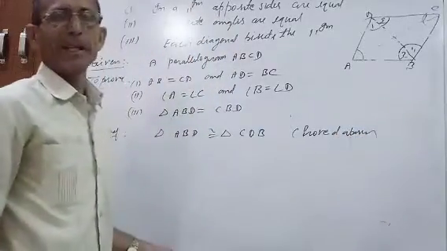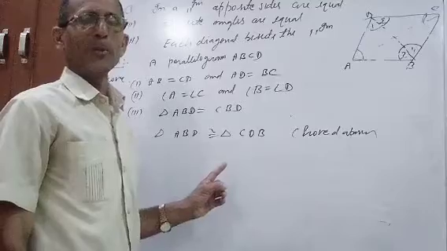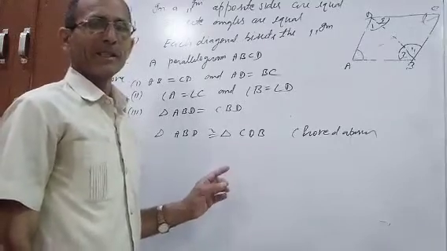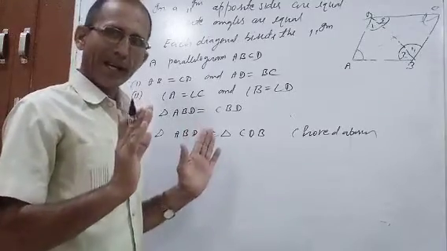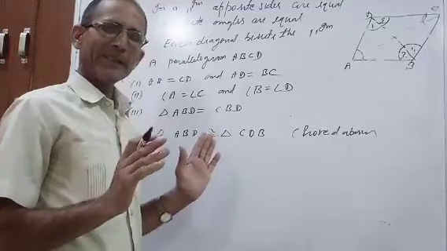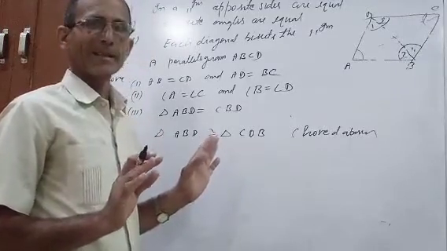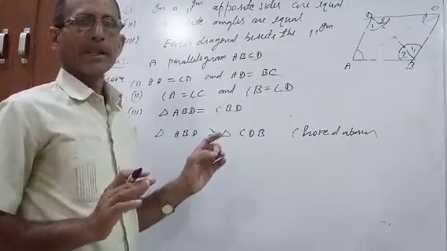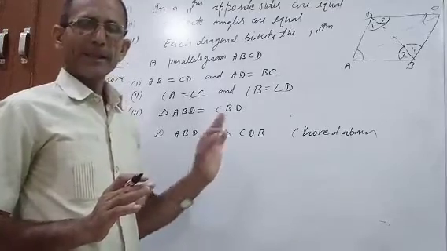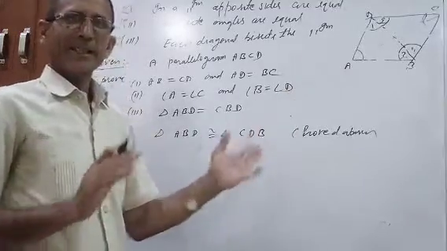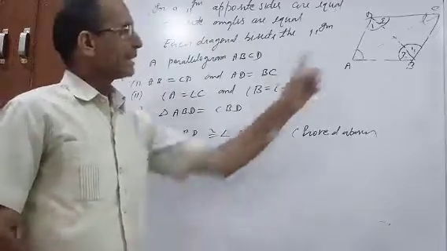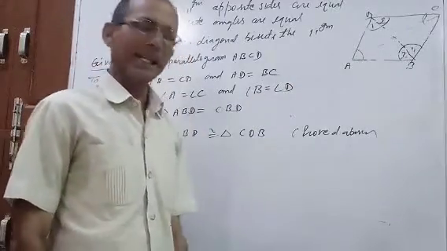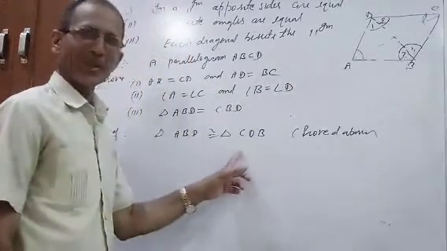Students, you have to pay attention here, and keep one more point in mind. If triangles are congruent, then surely they will be equal in areas. I proved both the triangles are congruent.